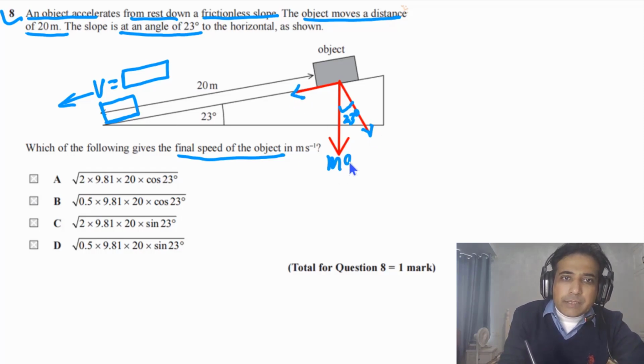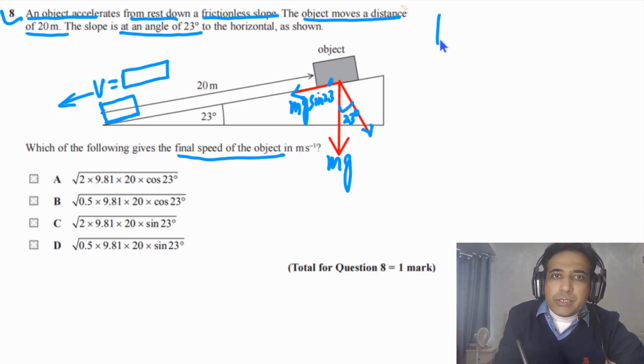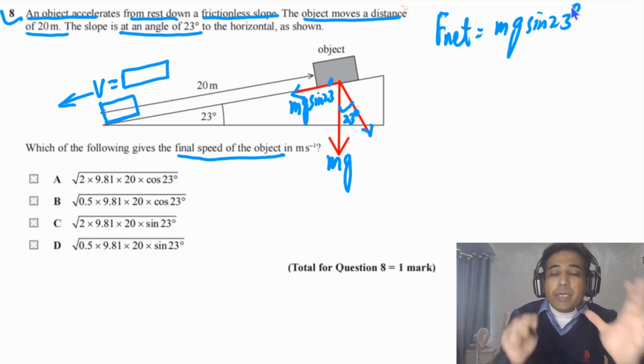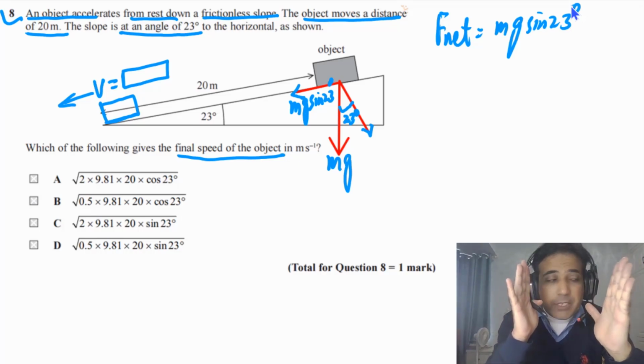If the weight of the object is mg, this component will be mg sine of 23 degrees. So in this case, the net force acting on this object, F net, will be equal to mg sine of 23 degrees. This is a very important point.